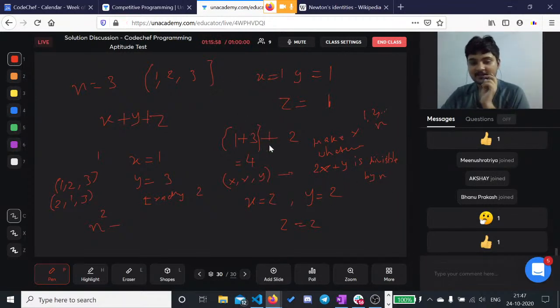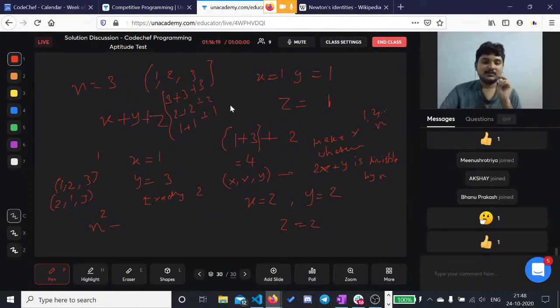So again, same argument that we had previously. You can choose, let's say, 3 plus 3 or 2 plus 2 or 1 plus 1. For each of these three possibilities, there will be exactly one y, in this case 3, in this case 2, in this case 1, such that 2x plus y is divisible by n.